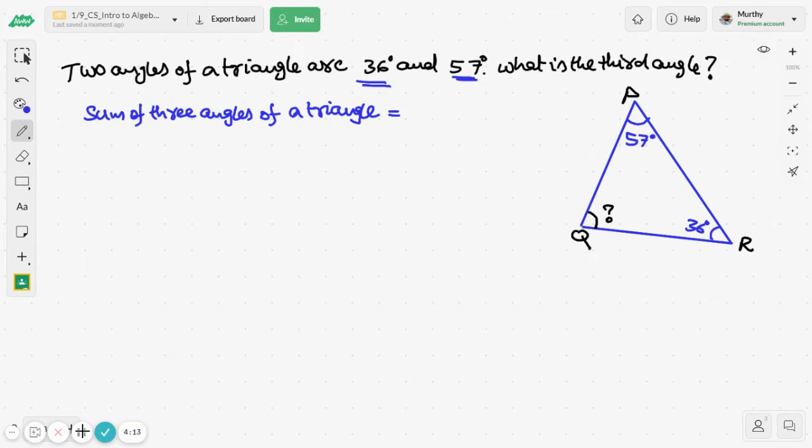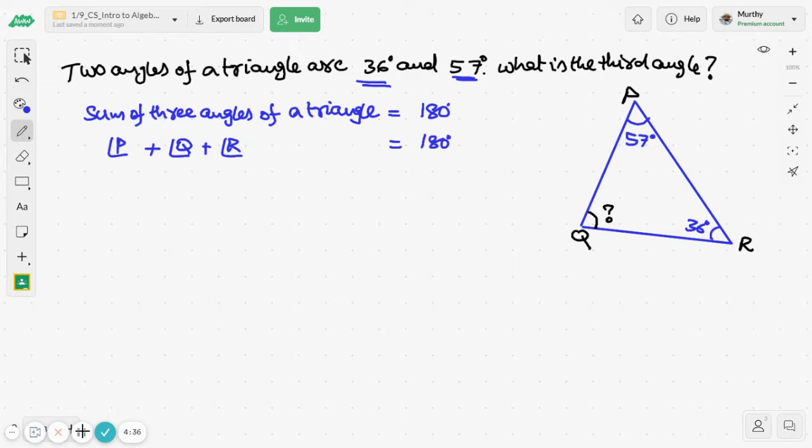The sum has to be 180 degrees. So I see that from the diagram, the three angles are P, Q, and R.